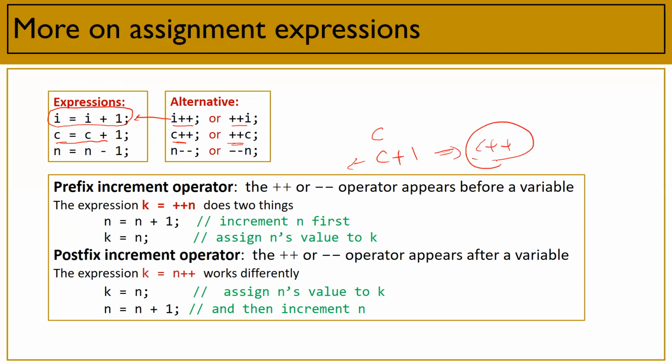And then here, n = n - 1. You are subtracting 1 from the variable n, so you're decrementing by 1. You can also write n-- or --n, which will have the same impact. Here you may notice that in i++ or n--, the operator comes after the variable, whereas in the other case the increment or decrement operator comes before the operand i or n.